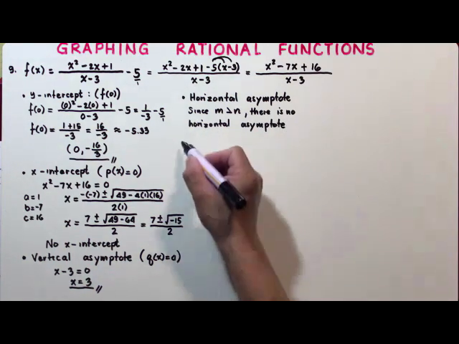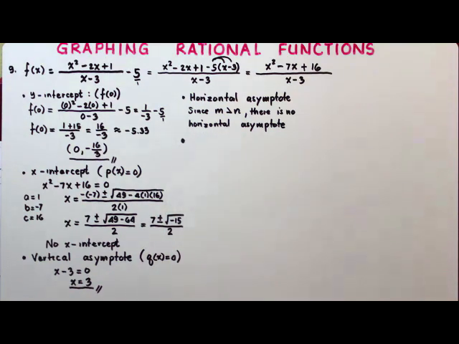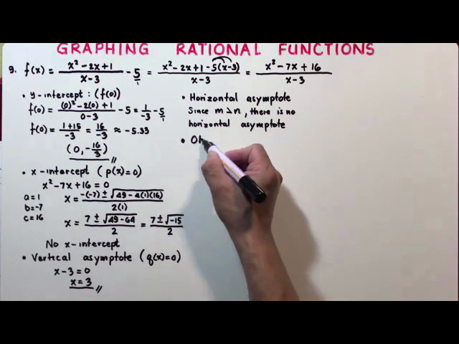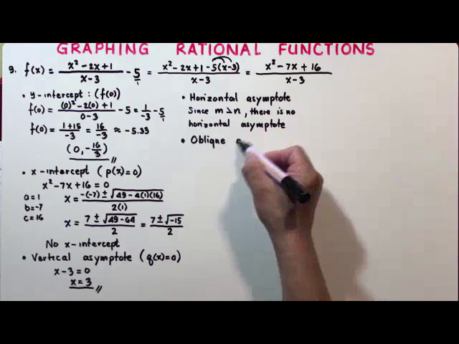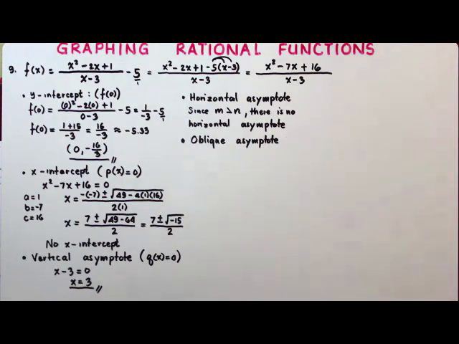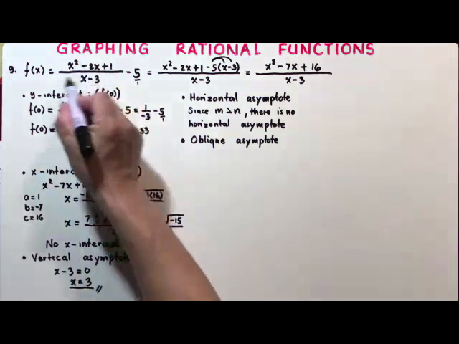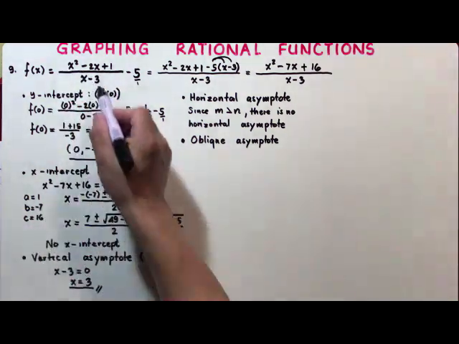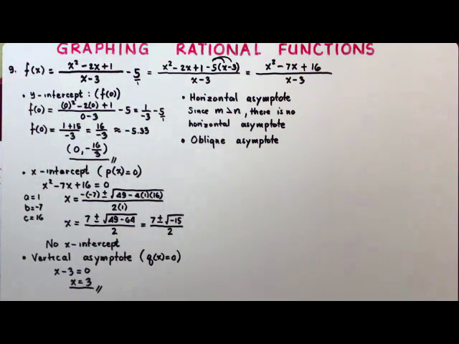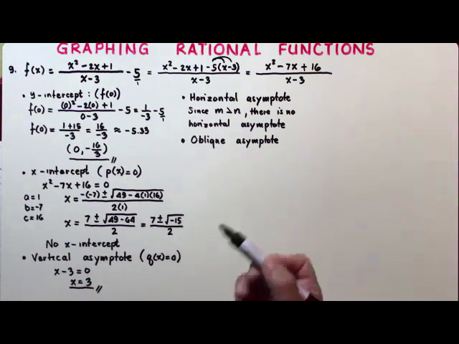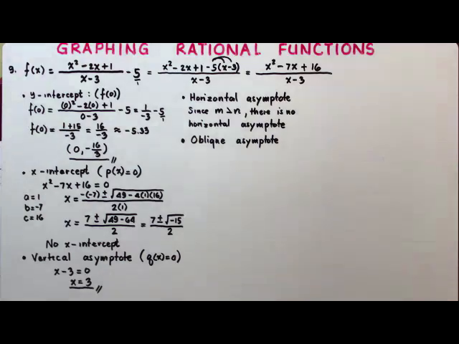So we can check whether the graph has an oblique asymptote or slant asymptote. Now, looking at the function, the degree of the numerator is 1 degree higher than the denominator. So if the difference of their degrees is 1, then the graph of this rational function has an oblique asymptote.